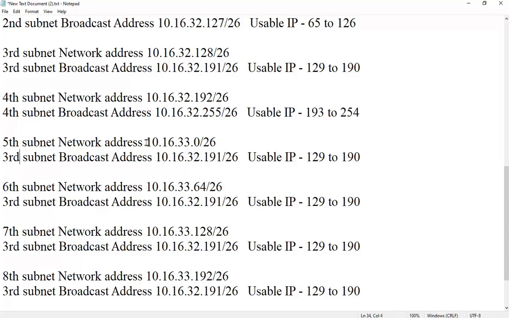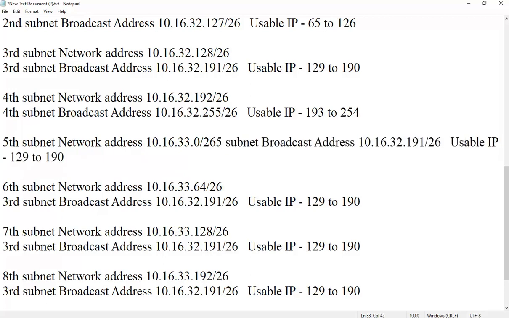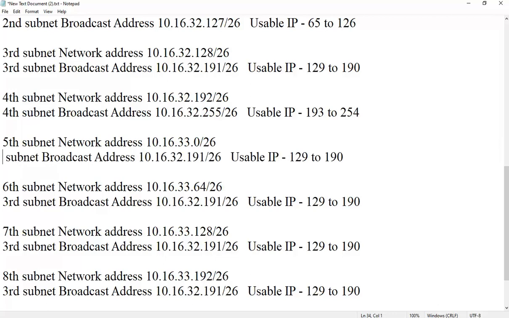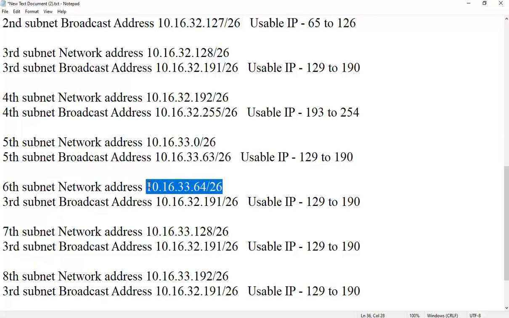And then for the fifth subnet, the broadcast address will be 10.16.33.63, because we need to get the sixth subnet network address minus 1, and 64 minus 1 will be 63.